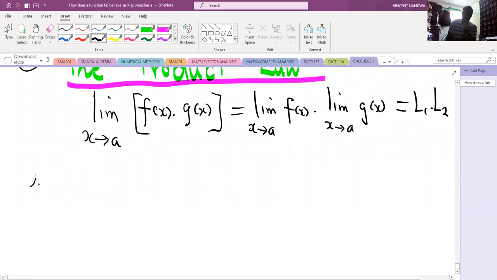And then number 4, what we call the quotient law.